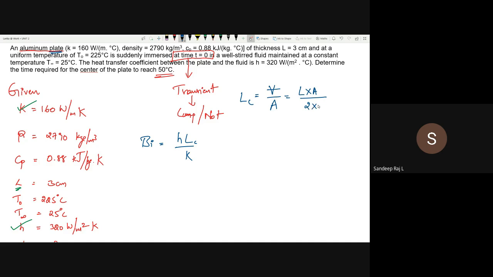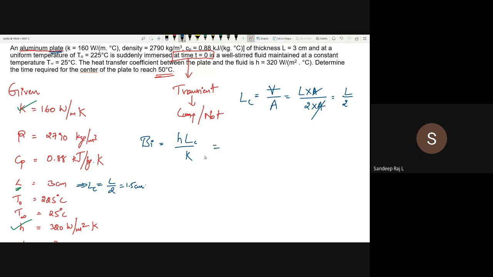So 2 into A you can take. So this A gets cancelled. What you have is L by 2. So LC will be L by 2, that is 1.5 centimeters.